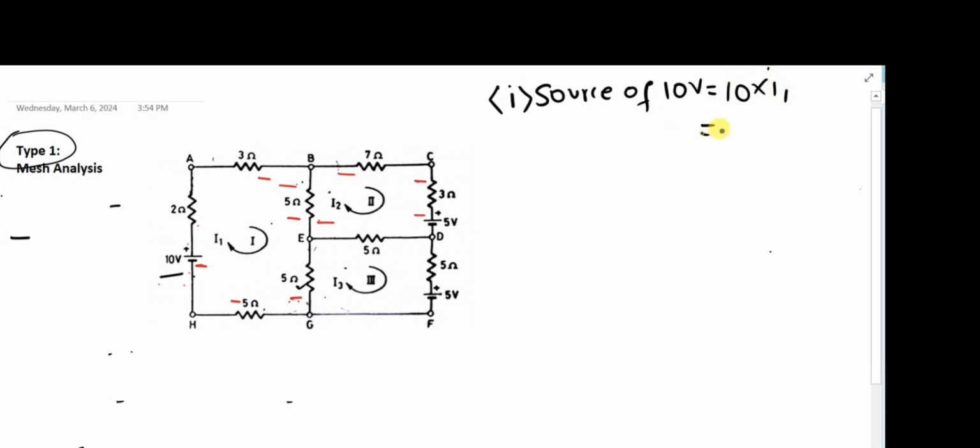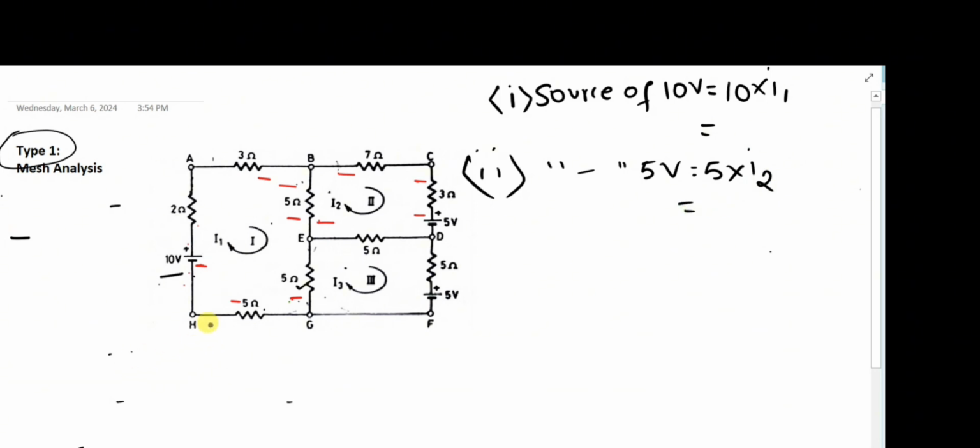Similarly, if you are asked for the output power from the 5 volt source, all you will do is 5 into I2. That's how you will identify power.